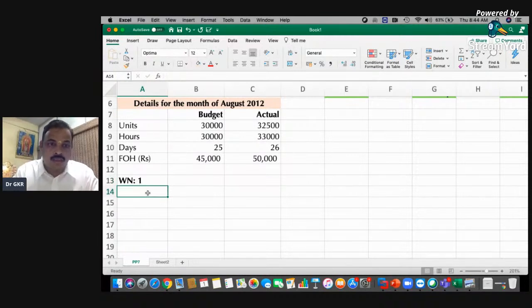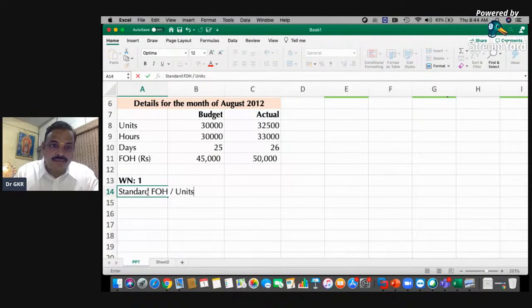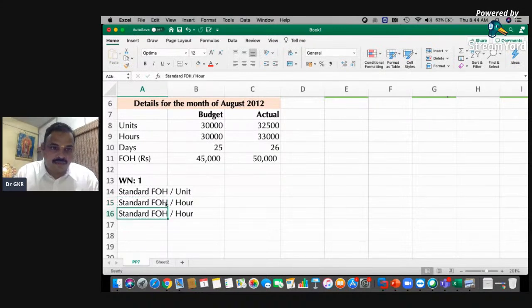What is your standard fixed overhead per unit? What is your standard fixed overhead per hour? What is your standard fixed overhead per day?